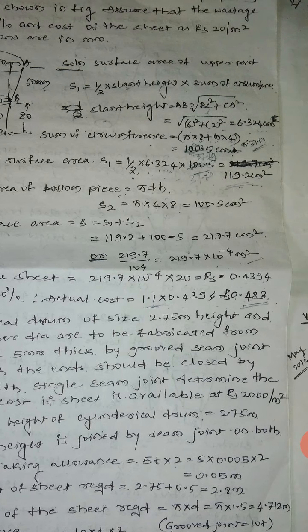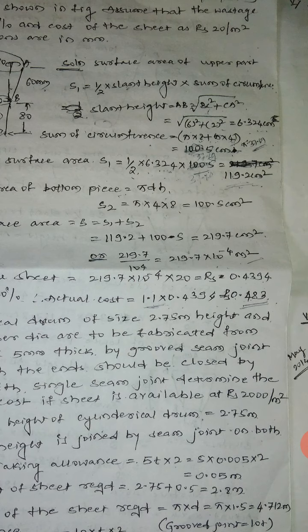Next, the surface area of the bottom part, that is pi d h, that is pi into 4 into h, that is 100.5 centimeter square. The total surface area is S1 plus S2, that is 119.2 plus 100.5, equal to 219.7 centimeter square, or 219.7 into 10 raised to minus 4 meter square.